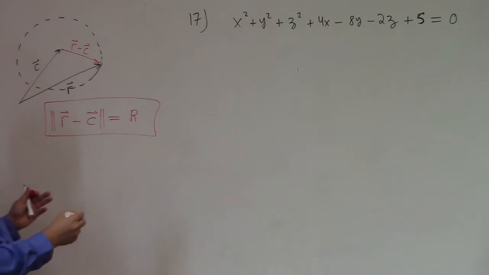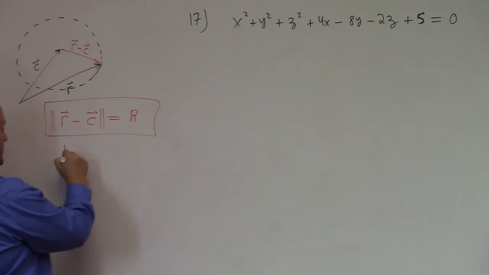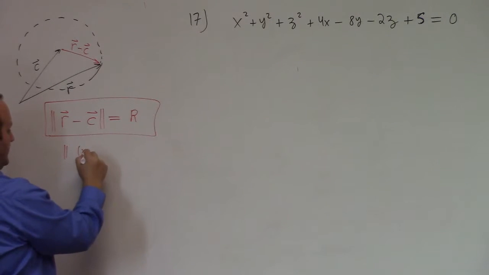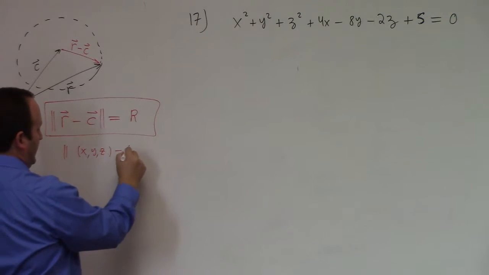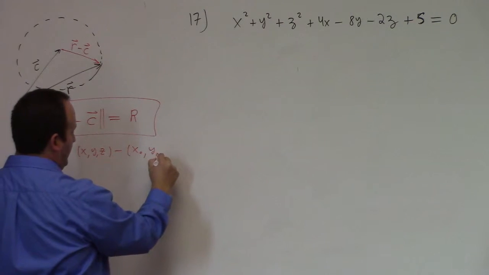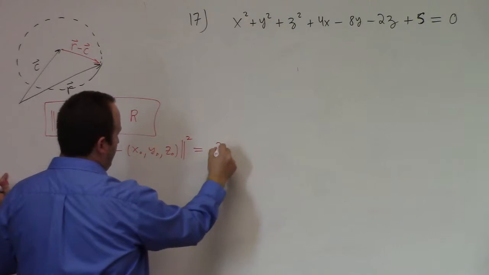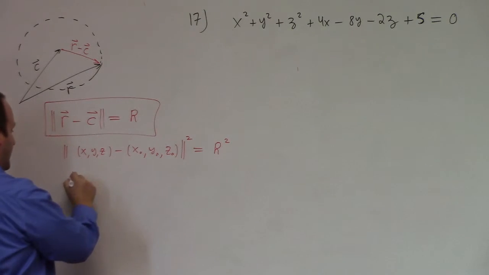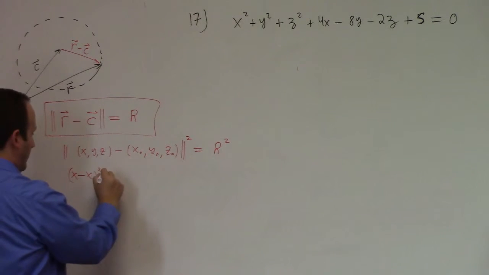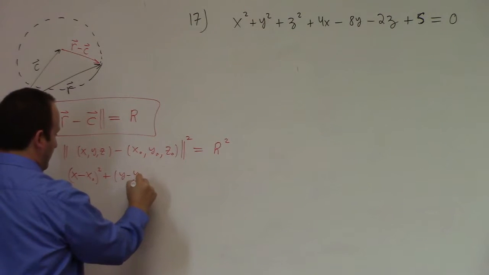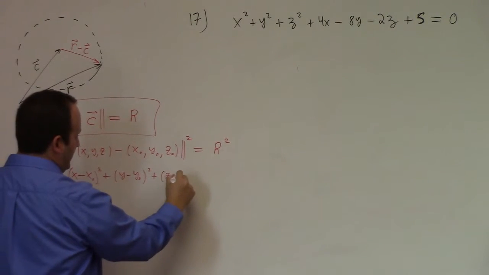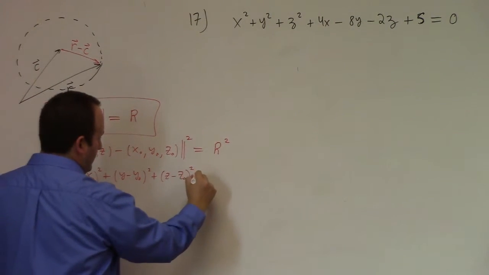Now, if you flesh this out in terms of dot products, suppose I have (x, y, z) minus (x naught, y naught, z naught), and square that, that's equal to r squared. Out pops (x minus x naught) squared plus (y minus y naught) squared plus (z minus z naught) squared equals r squared.